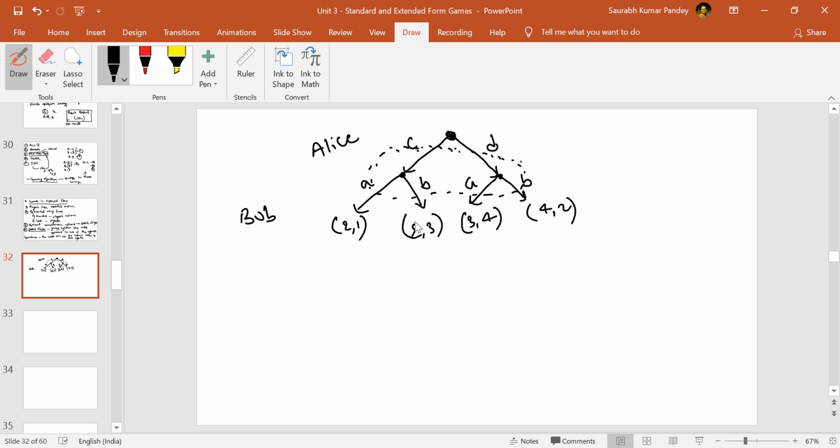Now you see, it may be possible that a player takes more than one action in a tree.